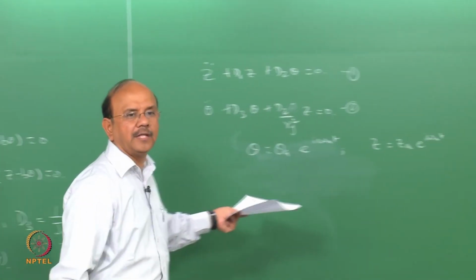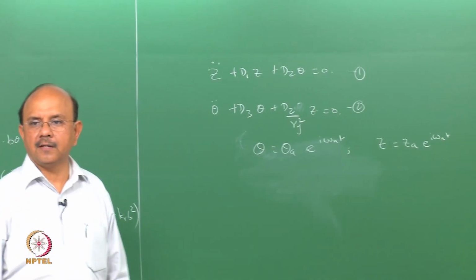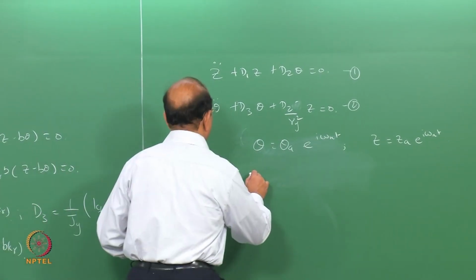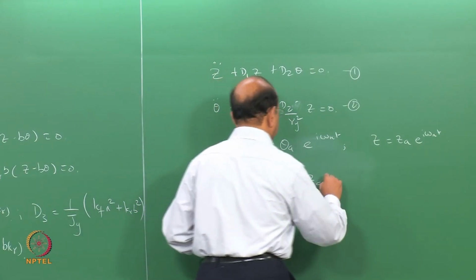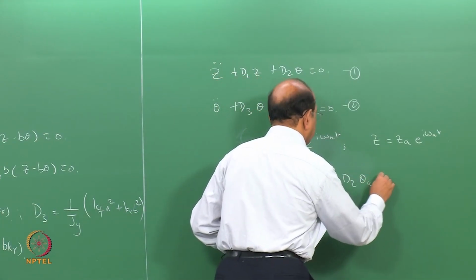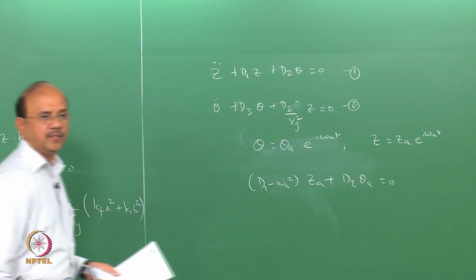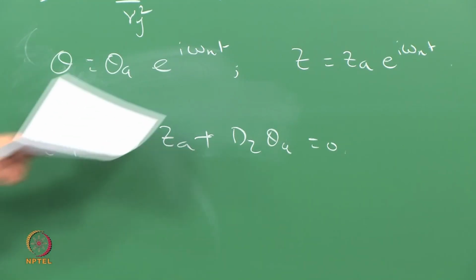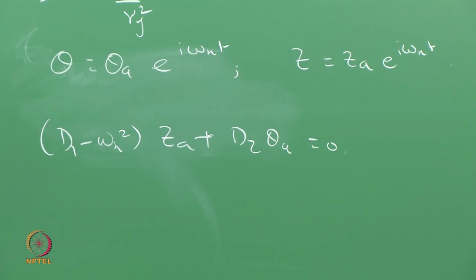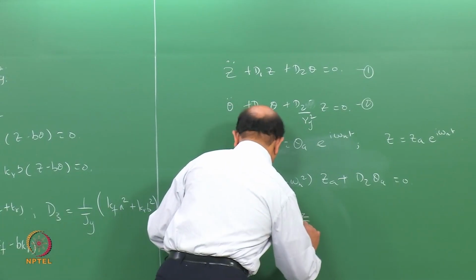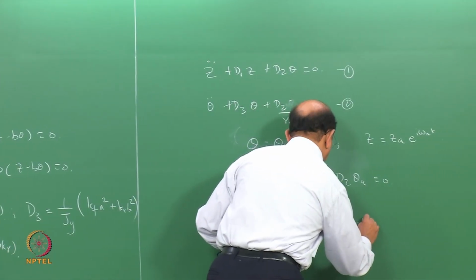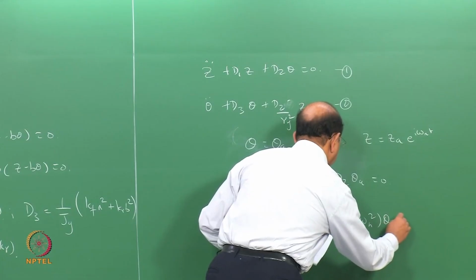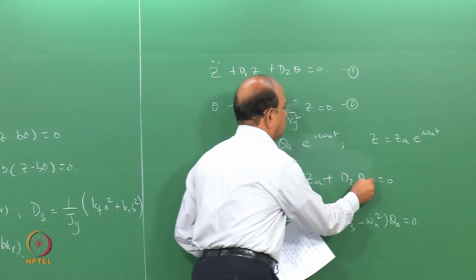I'm just going to substitute that into my equations 1 and 2, and write down the equation of the form d1 minus omega n squared into zA plus d2 thetaA is equal to 0. When I differentiate this twice, I get minus omega n squared, and that's the reason why I have a minus omega n squared here. And d2 by Ry zA plus d3 minus omega n squared thetaA is equal to 0.